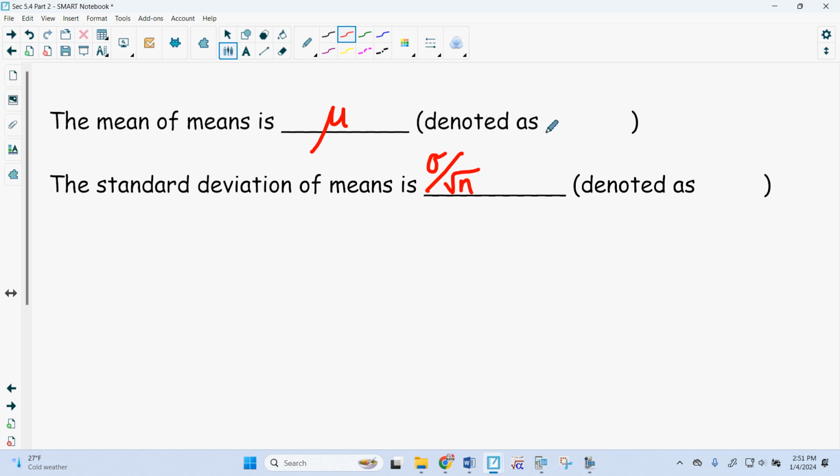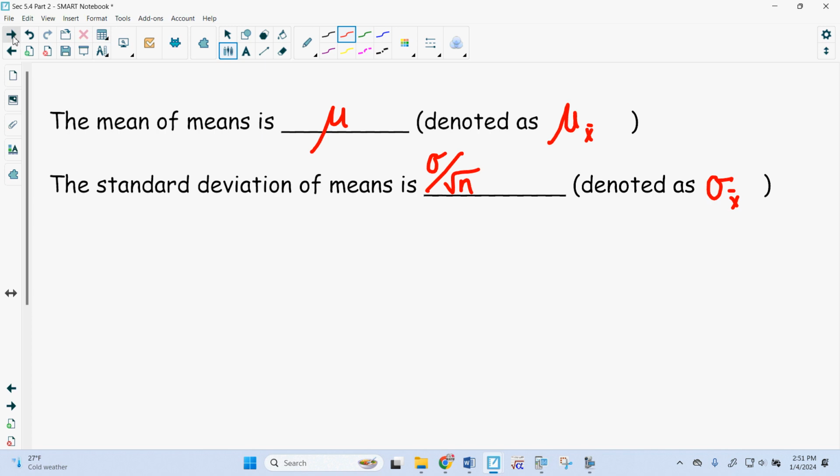Now the way we denote this is we say mu x bar, that's the mean of the sampling distribution. It's the same thing, but we still write it. And then this is sigma x bar. So if we have a new distribution, these are our new things.